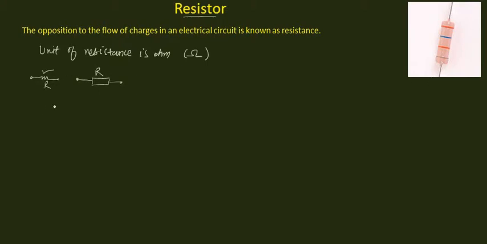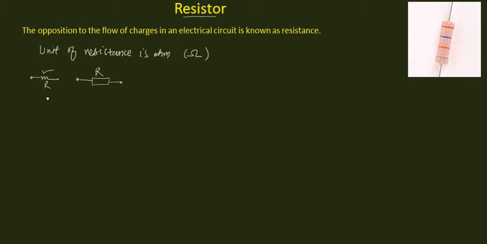Basically, this opposition to the flow of charges is due to the collision and friction of electrons with other electrons, and also with the ions and atoms which come in the path of motion of these free electrons.